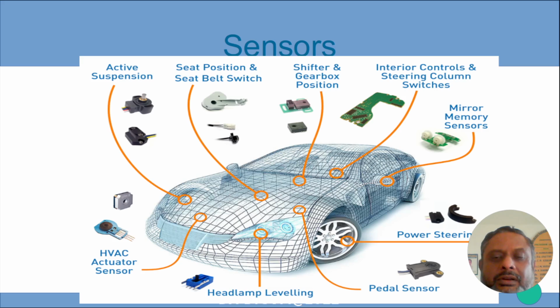So that way, at every stage, every part of the vehicle is under the supervision of sensors. Today's car is working with at least 5 to 10 processors inside, each one taking care of different activities.